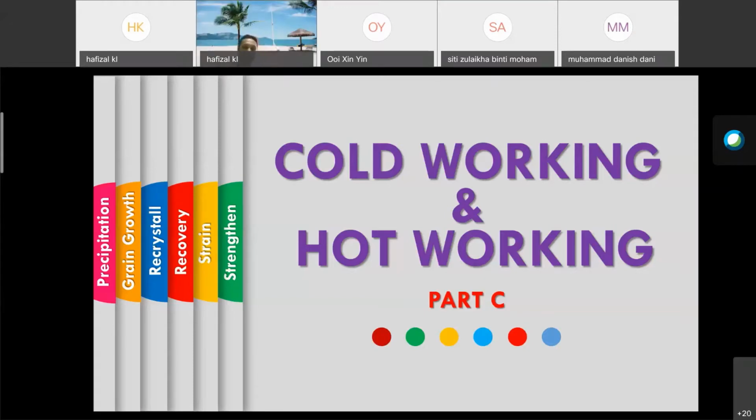Then we look at the main part during the deformation, which is actually related to the behavior of metals from the microscopic point of view. We talk about the atomic arrangement of atoms.